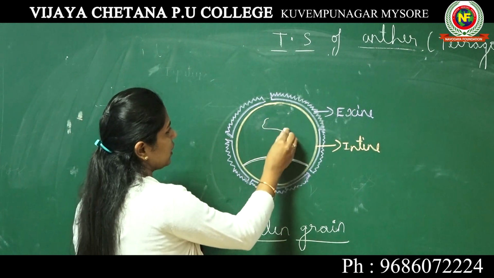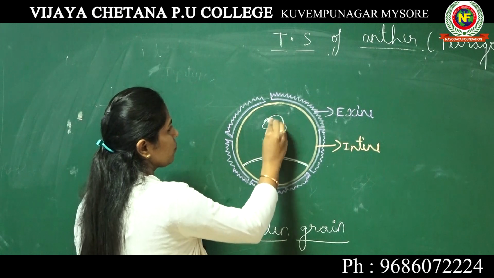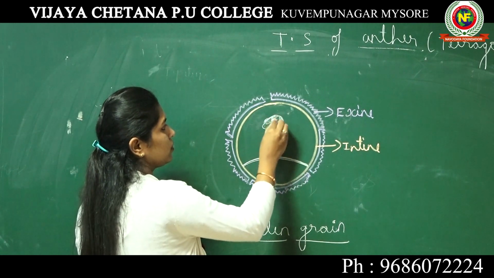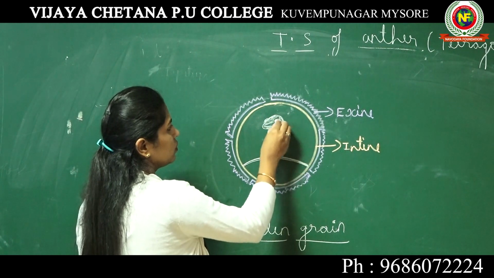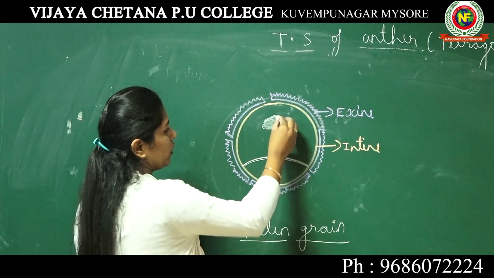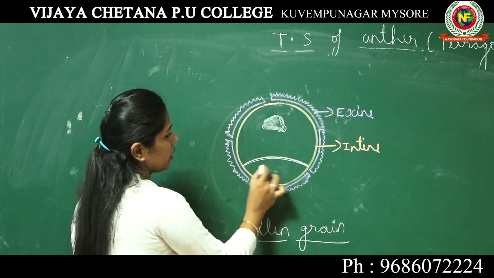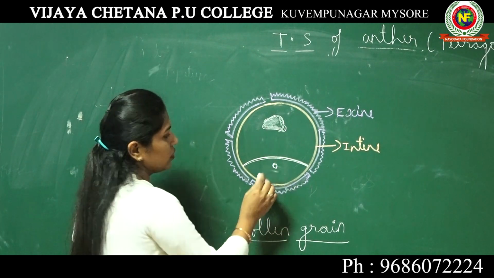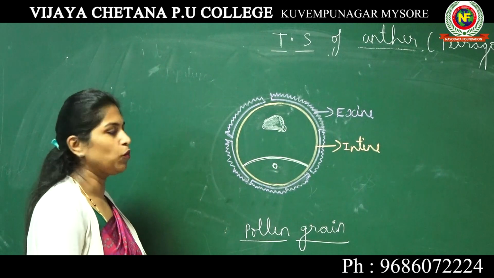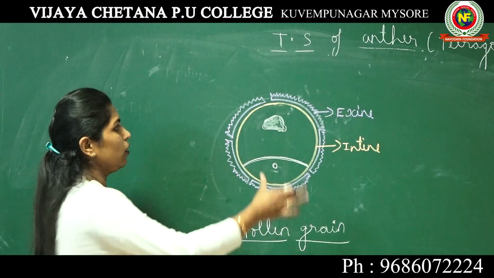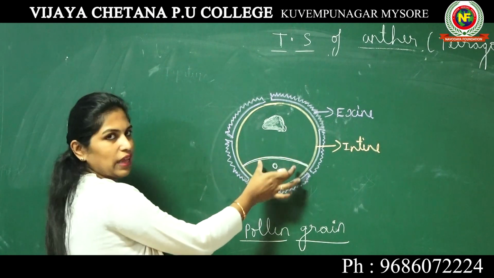Now, the bigger cell will have an irregular shaped nucleus, whereas the smaller cell has a smaller nucleus when compared to this nucleus. Now, what do we call these cells?